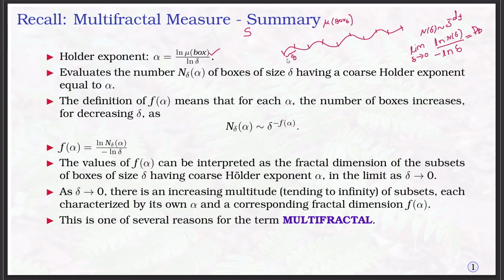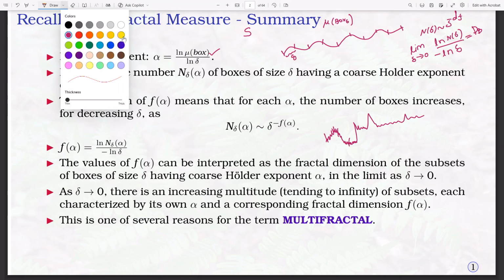One can understand this is a regular curve. Suppose we have a curve more like this one, this kind of curve. If you cover it with the same size boxes, maybe I will choose a different color to distinguish this.